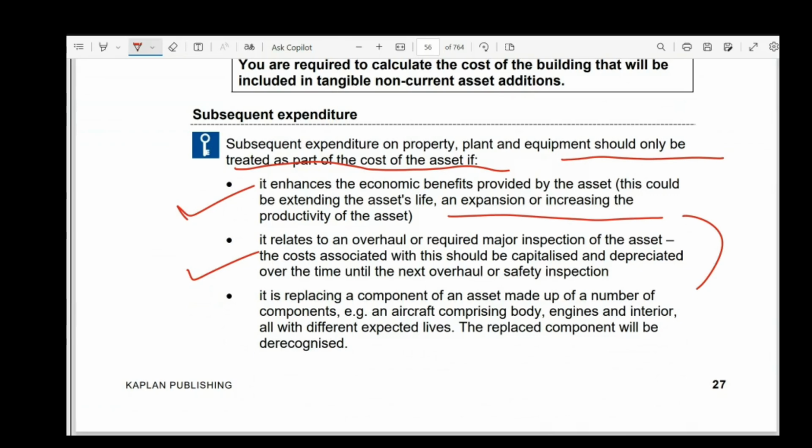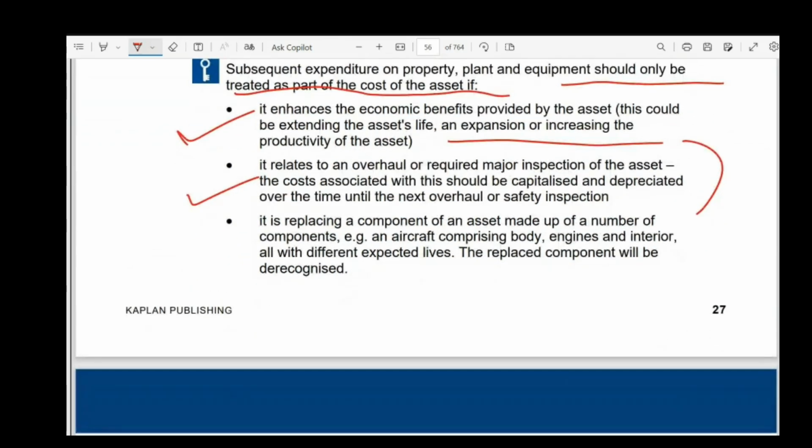If it relates to an overhaul or requires a major inspection, the best example is the overhaul of an aeroplane, or any asset which is used for 10, 20 years, and then they overhaul and may add a new component. Not the whole asset, but some part of it they change, so that can be considered as an overhaul, or they can treat it as a part of their assets.